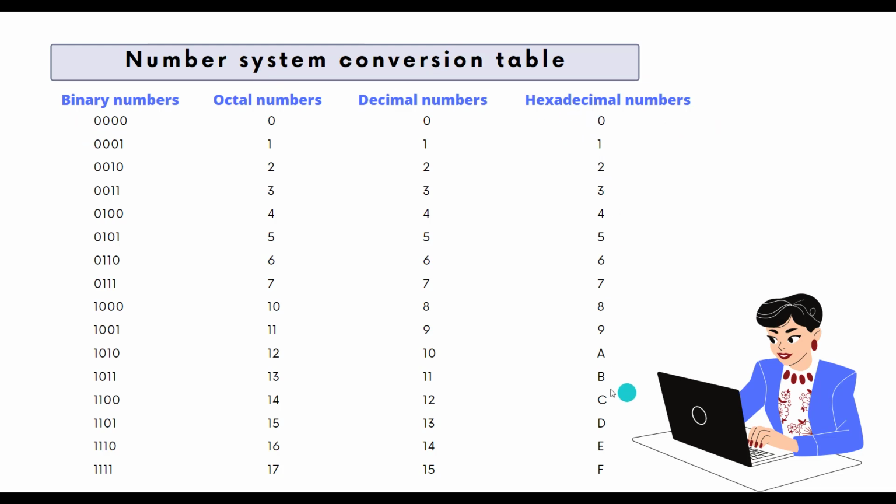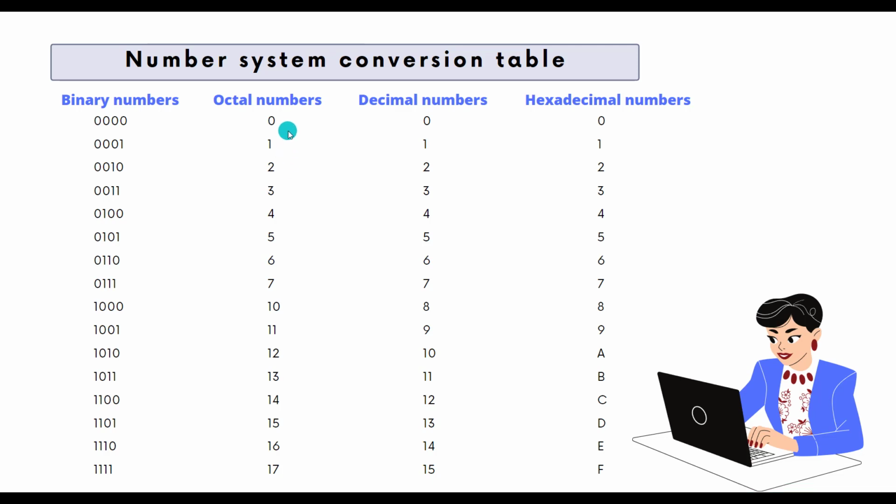We have to follow this particular pattern. Binary numbers start with 0000, and it's base 2. This is how binary numbers are represented. Binary has just two digits, 0 and 1. No matter what number it is, you represent it with zeros and ones. This is all about binary numbers.